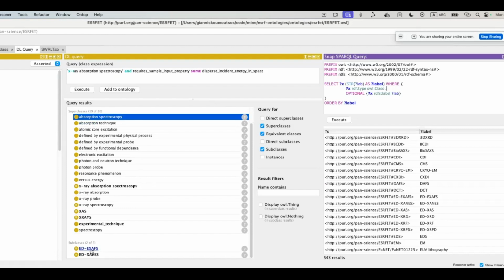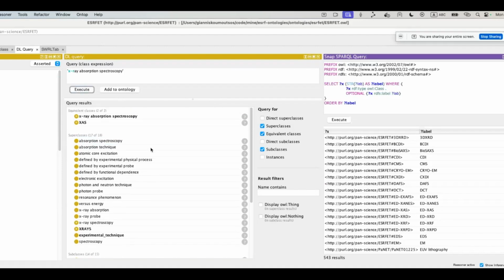And of course, what are the immediate subclasses of this thing that you put here, which is XAS with a building block. If we just delete the building block, for instance, and we again execute, we get other things like we expect it to be. Equivalent class now is XAS only. So that's pretty much what we can see here.